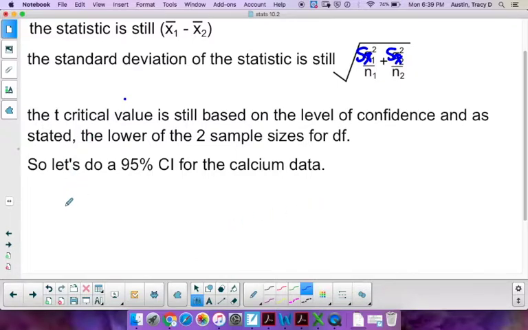All right, so the actual statistic is 5 minus negative 0.27 plus or minus, well, what is a t critical value for 95% at 9 degrees of freedom?